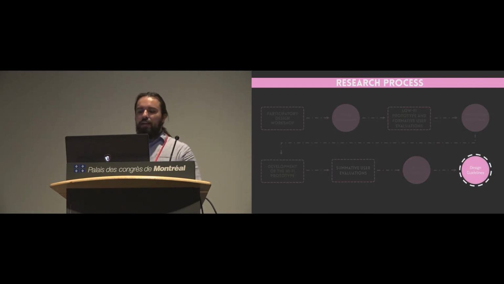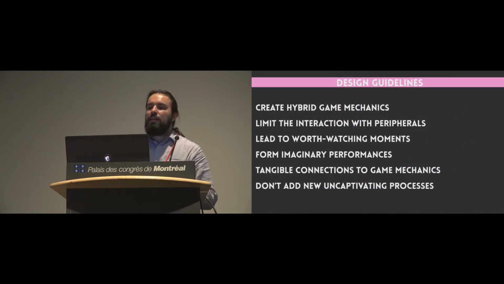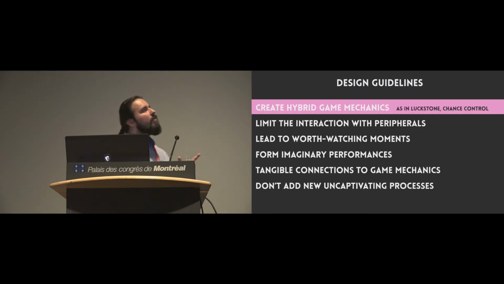And for design guidelines, we have 6 design guidelines that will inform not only variables, but all kinds of hybrid games and the usage of variables and movement in narrative-based long-term games. So this one is, I believe, very important: creating hybrid game mechanics. If you design a hybrid game, you should pay attention that the game mechanics are also hybrid.